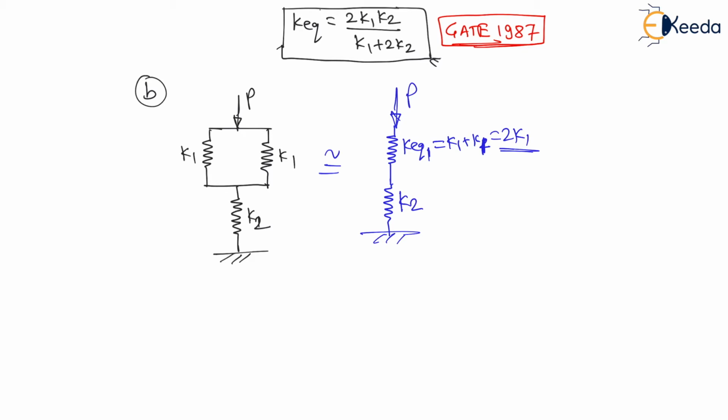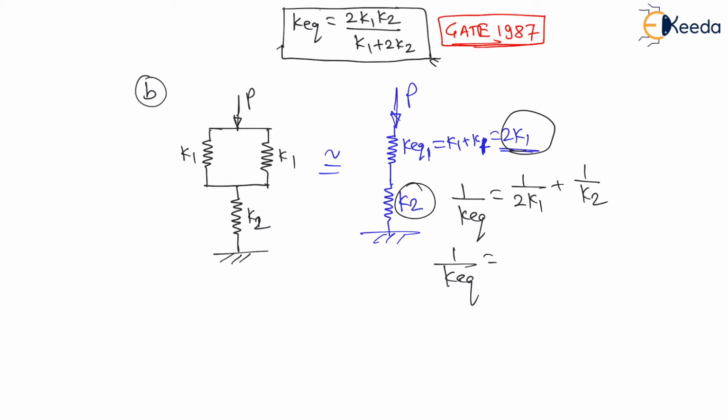Therefore my dear students, here 2k1 and k2 are in series. For them, 1 upon k equivalent will be equal to 1 upon 2k1 plus 1 upon k2. Therefore 1 upon k equivalent is equal to, by cross multiplication, k2 plus 2k1 divided by 2k1 k2.